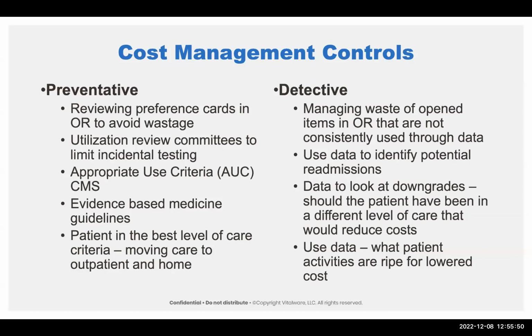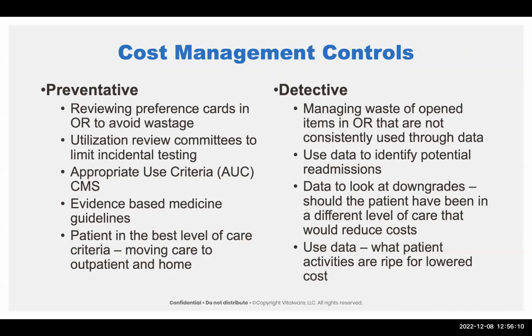Utilization review committees to limit incidental testing. We see appropriate use criteria now being used, especially in radiology, where you need the AUC from an ER to get the CT or MRI, and the MIPS standards around it. Evidence-based medicine guidelines. Patient in the best level of care criteria.